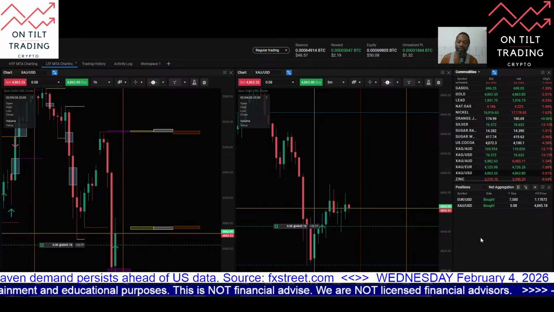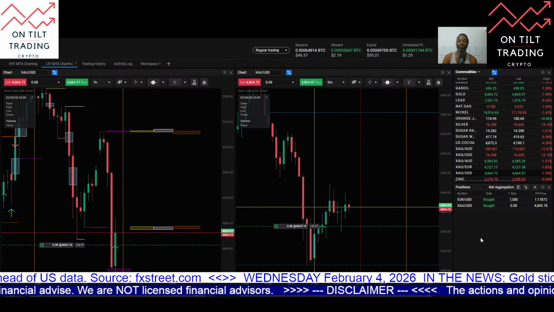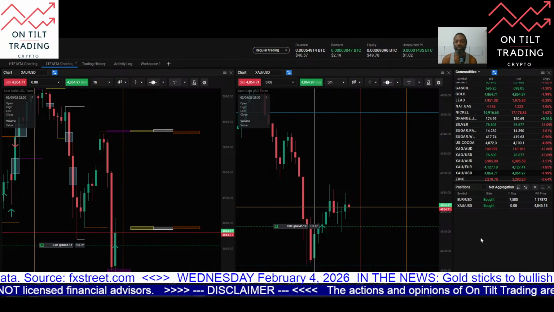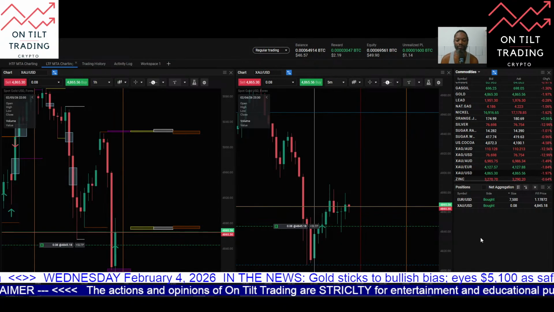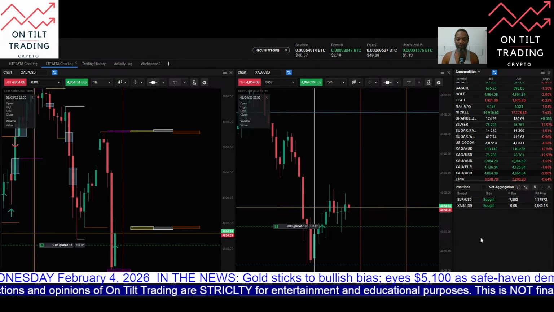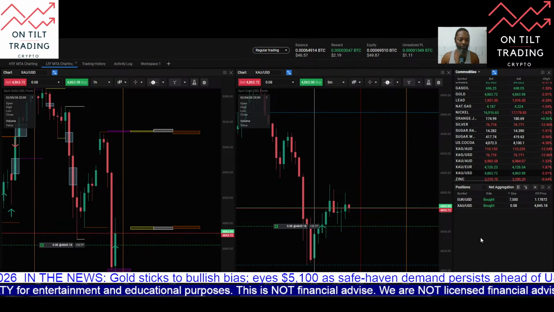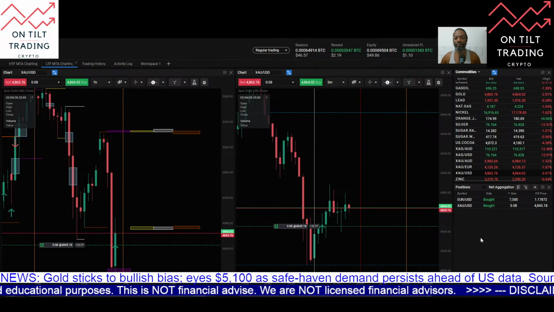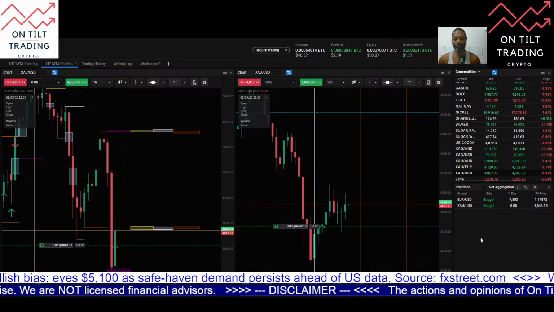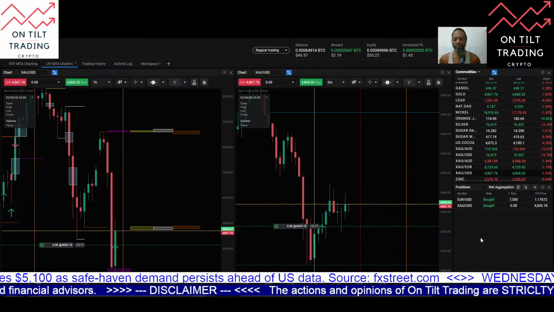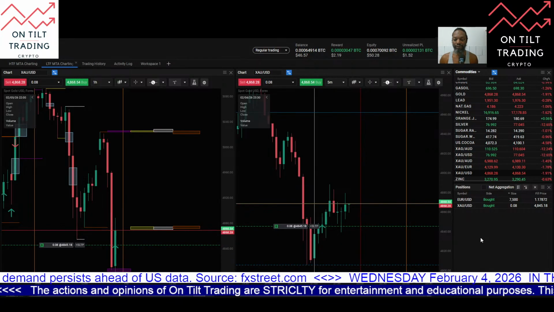Price consolidating here, 48.63. $48.66. Price seeing a return to the buy side here. We'll see if there's any follow through with this delivery. And seeing further buy side here, 48.68.